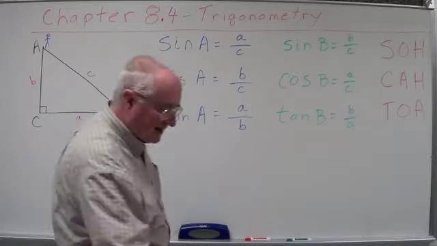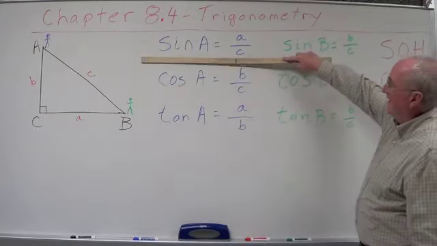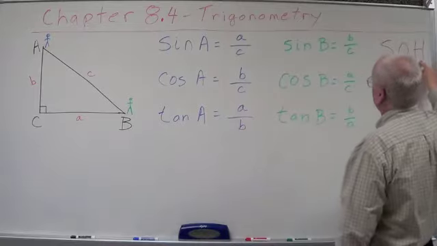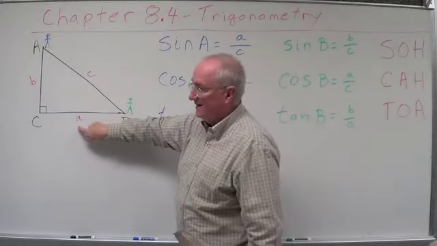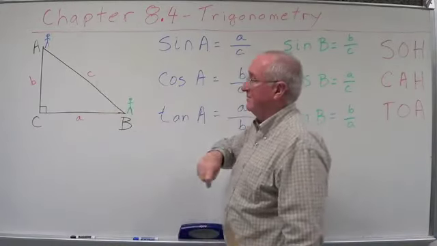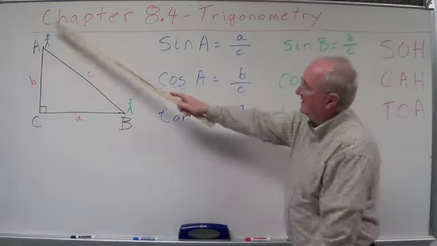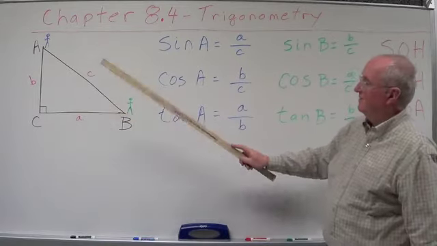And so if we're standing at point A looking across at my little segment, the sine of A is going to be opposite over hypotenuse. What's the opposite? A divided by C. Got it? The side I cannot reach divided by the hypotenuse.